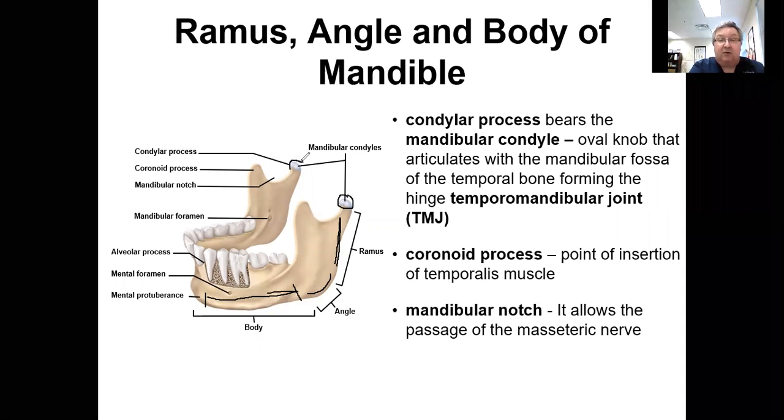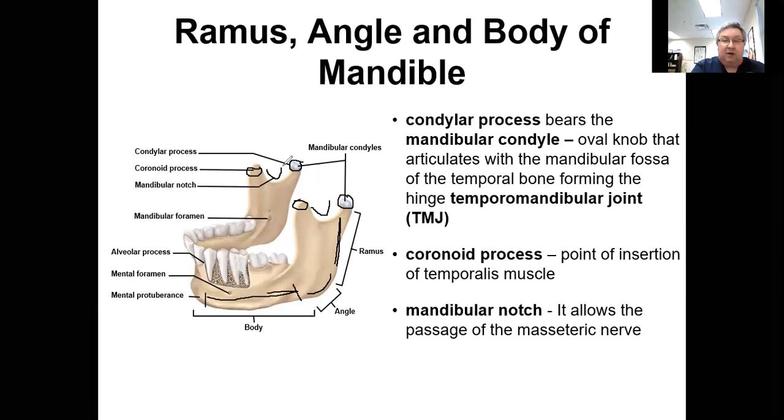You will need to know the mandibular condyles. There are two coronoid processes right here and here. And you will need to know the mandibular notch here and here. And that mandibular notch is an area for nerves to pass through.